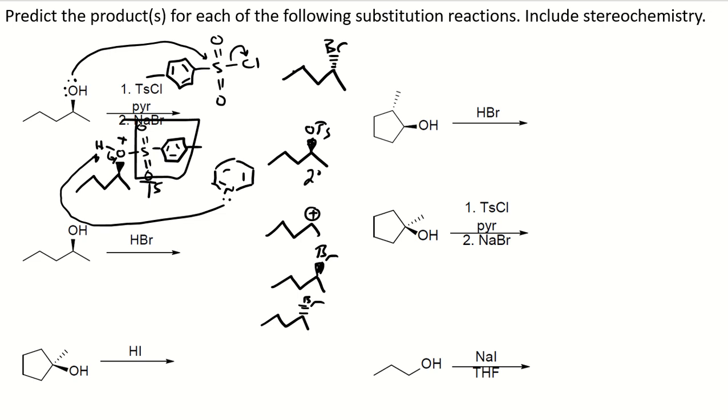For this, I could see it going either way depending on the solvent used. So I'm going to show you that yes, you would either get the SN2 specific stereochemistry, or you get the SN1 mechanism, which is a mixture of the R and the S. It would be a racemic mixture in equal parts, 50-50 mixture.